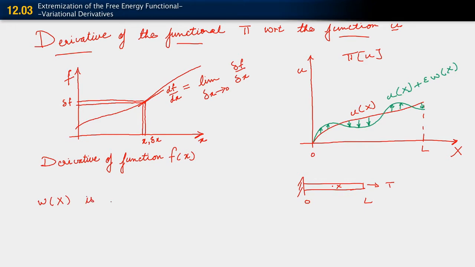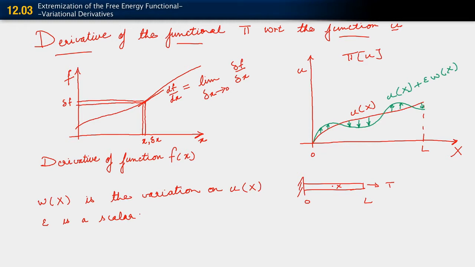is the variation on u of x, okay? Epsilon is a scalar. And the idea of the scalar is the following.